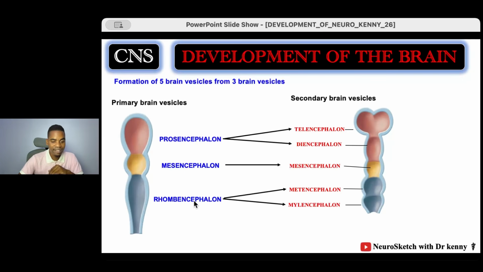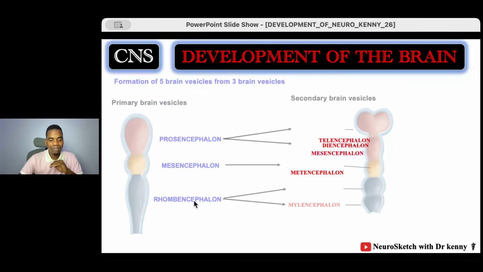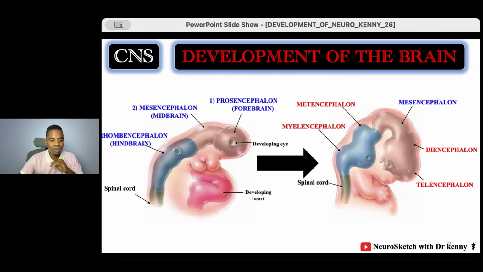Here is a different view, as we are moving from the primary brain vesicles to the secondary brain vesicles. We had the prosencephalon, mesencephalon, and the rhombencephalon. The prosencephalon will give the telencephalon and the diencephalon, the mesencephalon will continue as the mesencephalon, and the rhombencephalon will further give the metencephalon and the myelencephalon.